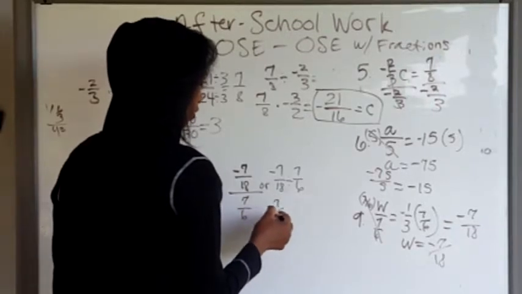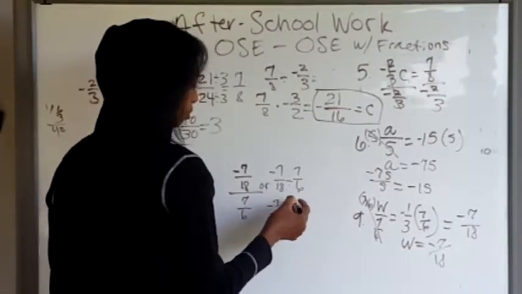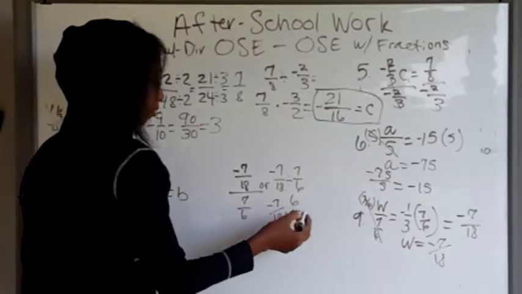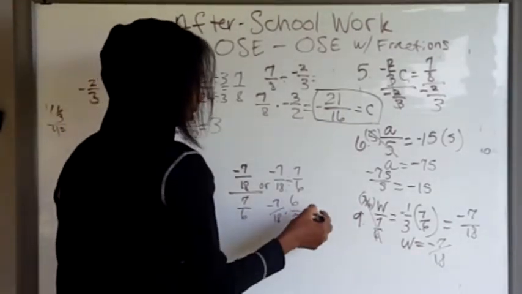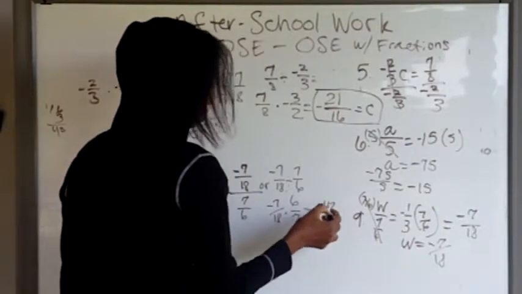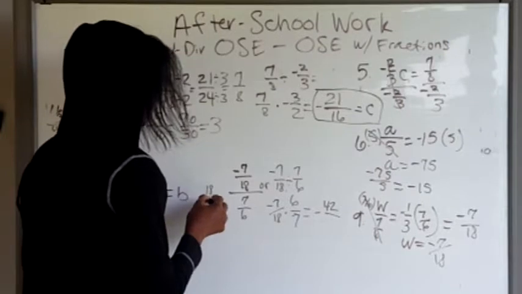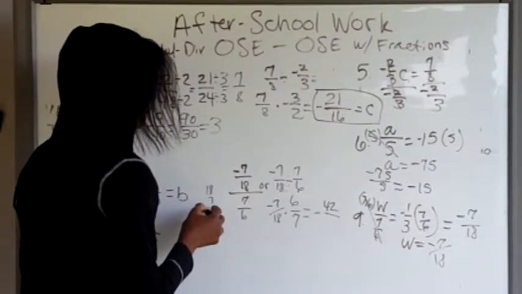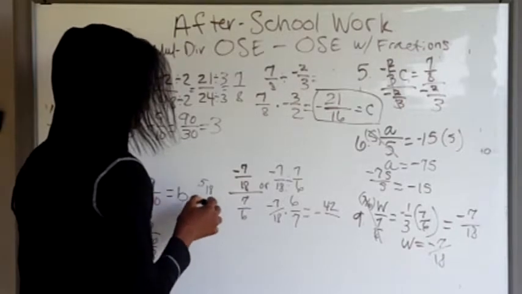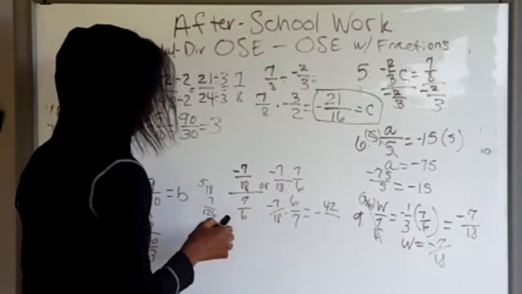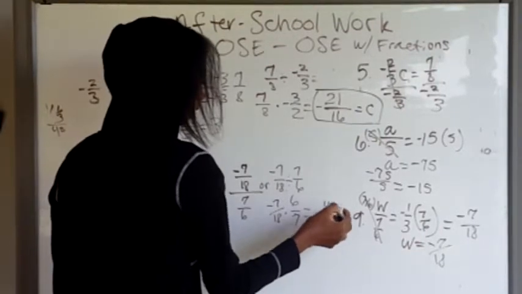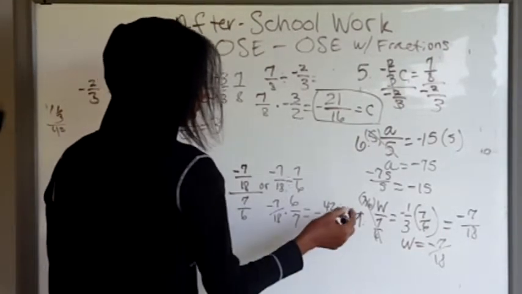So we do negative 7/18 times the reciprocal, so negative 7/18 times 6/7, and it's gonna be negative 42 over 126, and we can divide by 3.